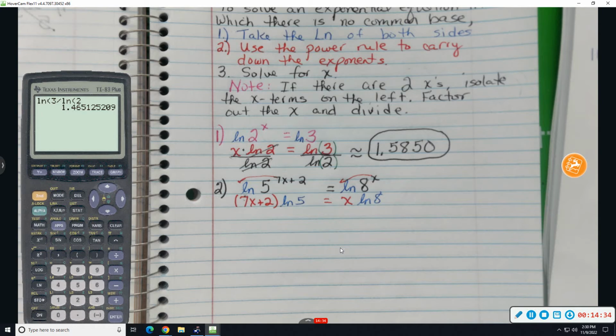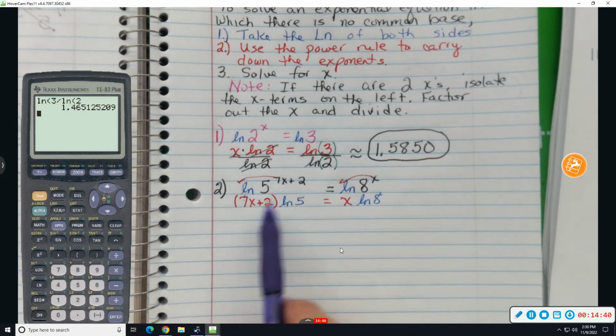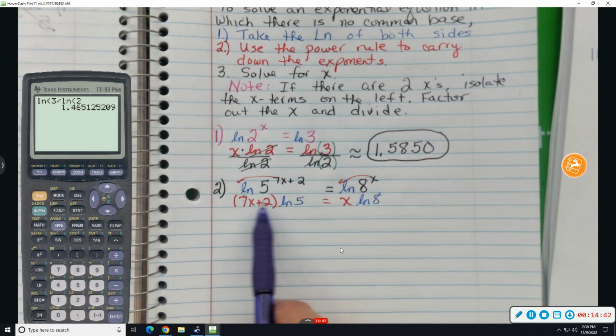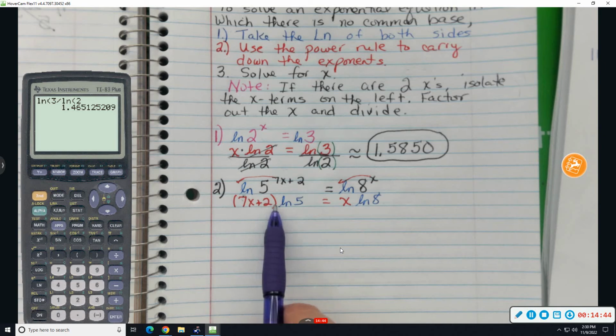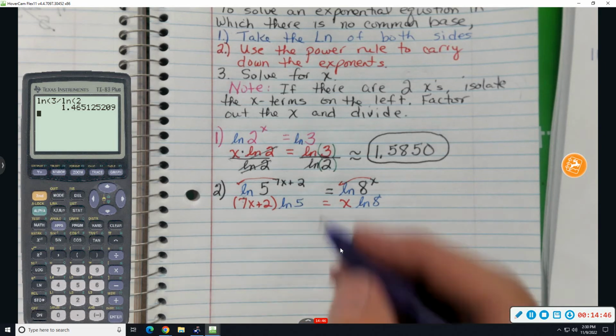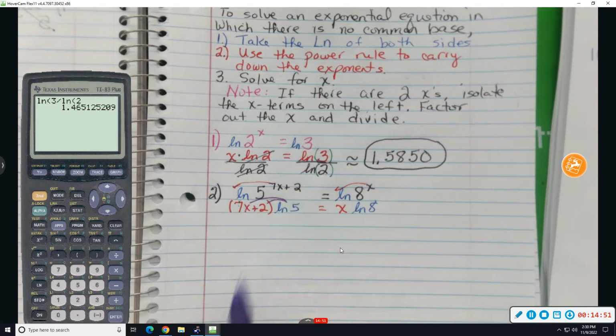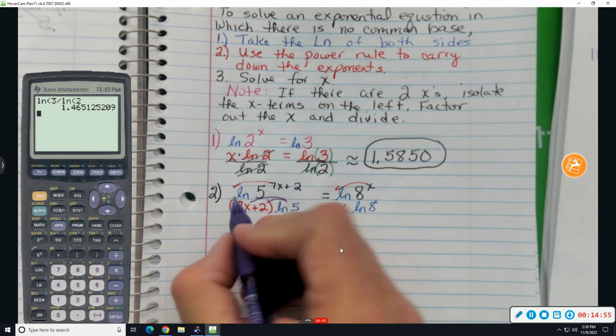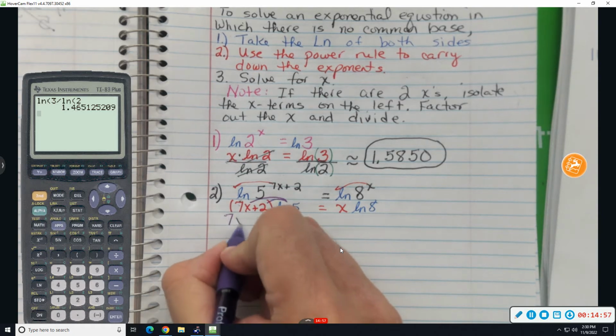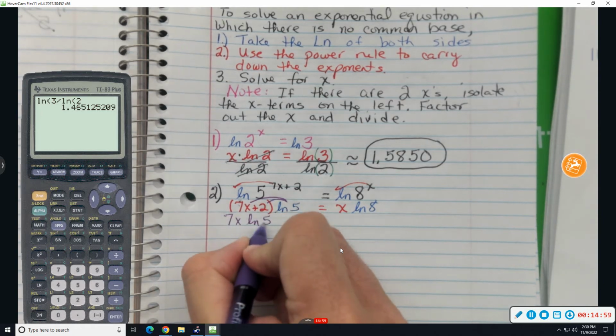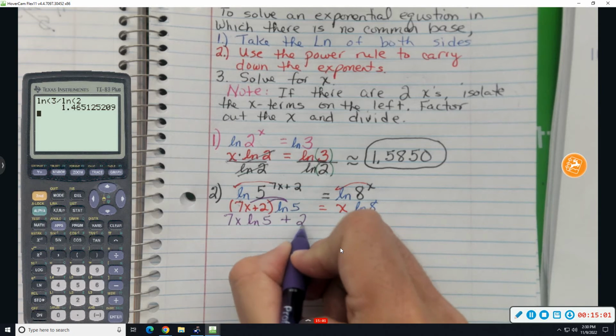This problem's a little messy because all of this needs to be multiplied by ln 5. That's why I have all of that in parentheses. So what we're going to have to do, this one's more involved than problem 1, distribute the ln 5: we'd have a 7x ln 5 plus a 2 ln 5.